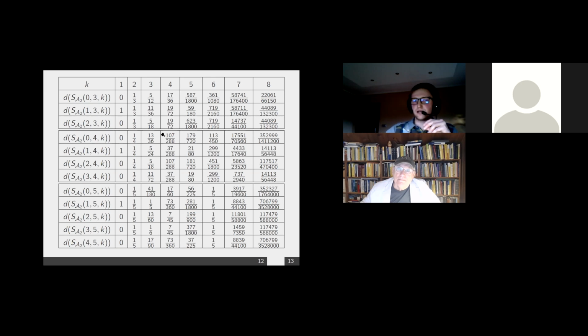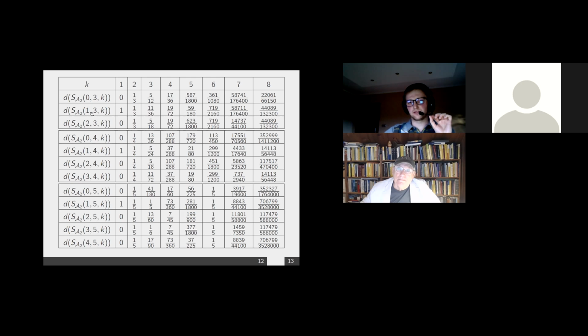Therefore, we can state another question, but before we do that, there is at least one other interesting observation from this table. Let us assume for a moment that k is even, and take m and i, and also m and m minus i.